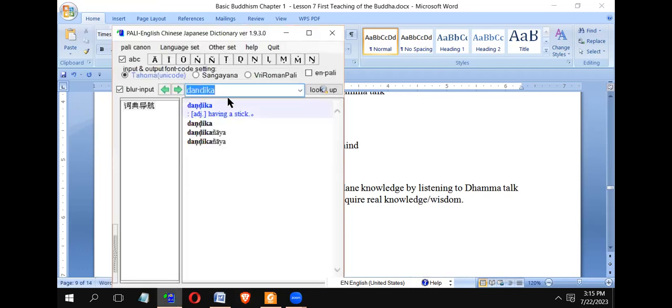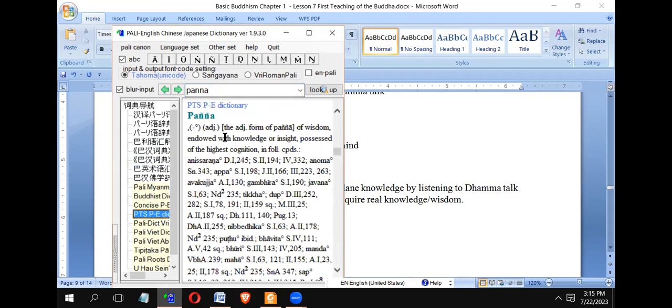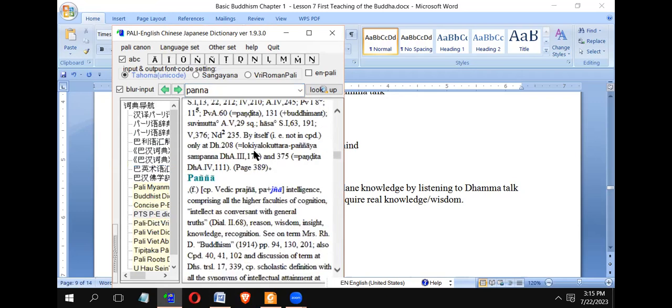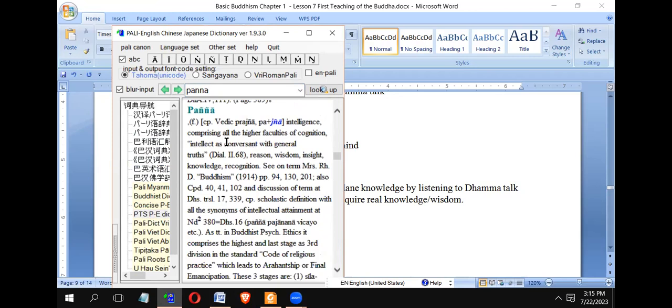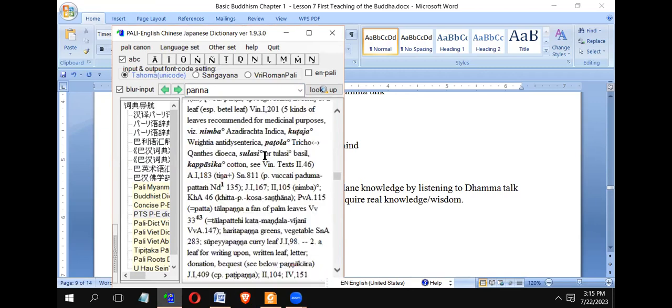Jnana and Panya are also quite the same. You call it knowledge, possess knowledge. Reason, insight, recognition. There are many meanings.